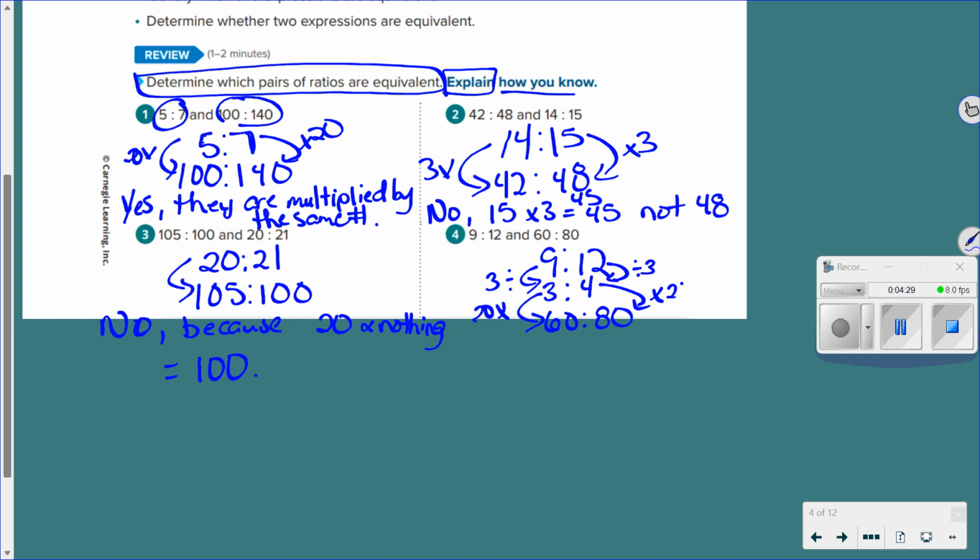So are they equivalent? Yes. You're doing the same thing to both numbers. Any questions? Good. Turn the page.